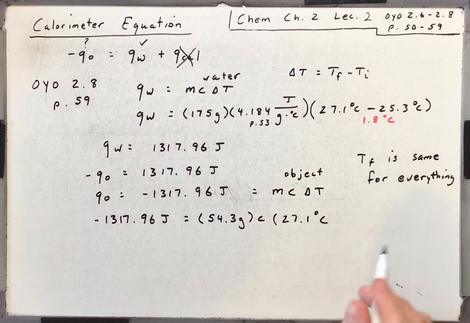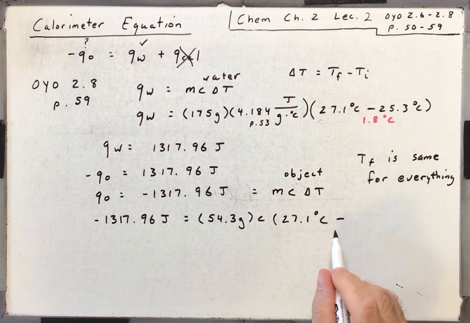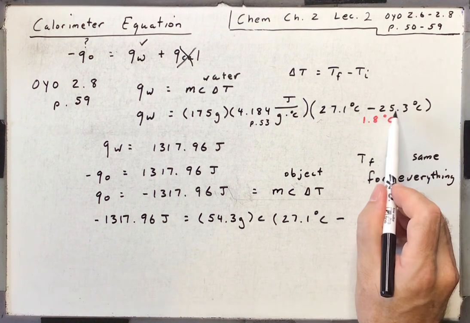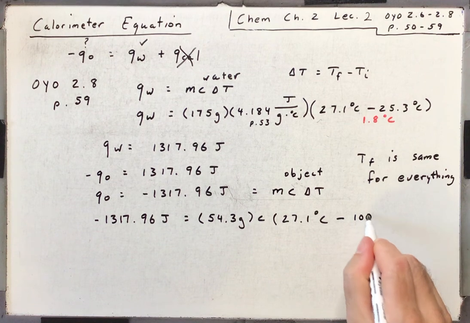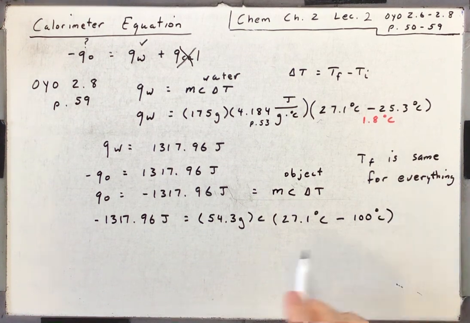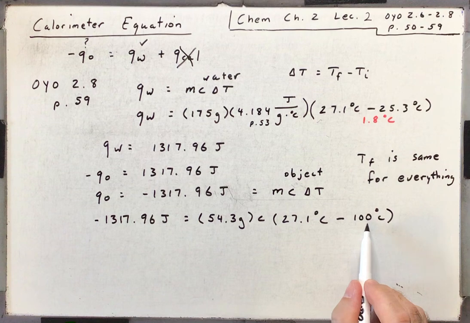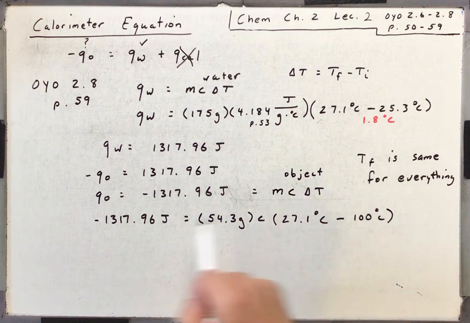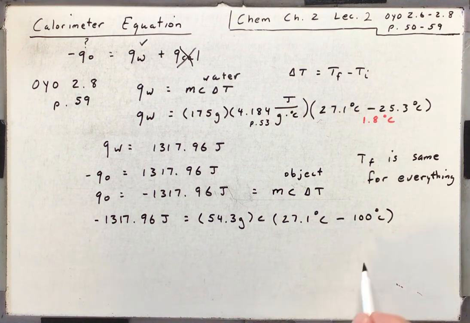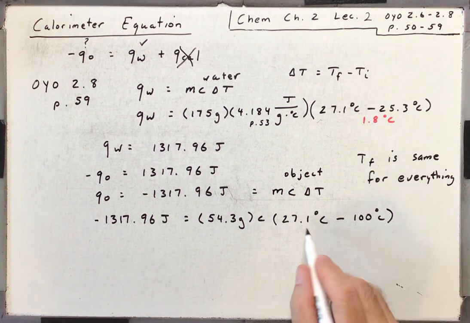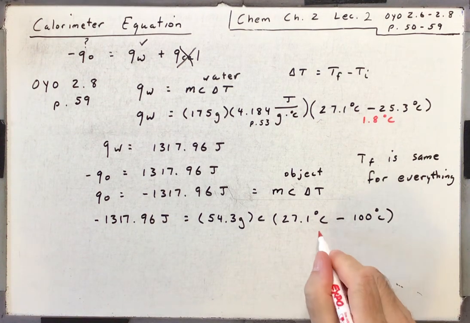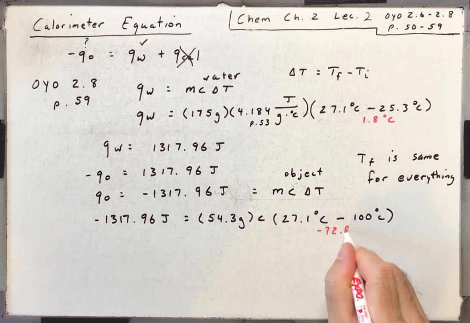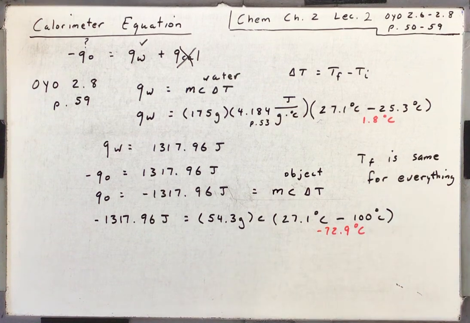They all equalize to the same temperature. But what's the initial temperature of the object? It's not the initial temperature of the water. It was really hot. And if you look, it's 100 degrees C. It makes sense that the object would have a negative delta T because the object's cooling off in the water. Remember, it goes psh. When you splash it in, it cools down. So that's negative 72.9. If you take 27.1 minus 100, that's negative 72.9 degrees C.